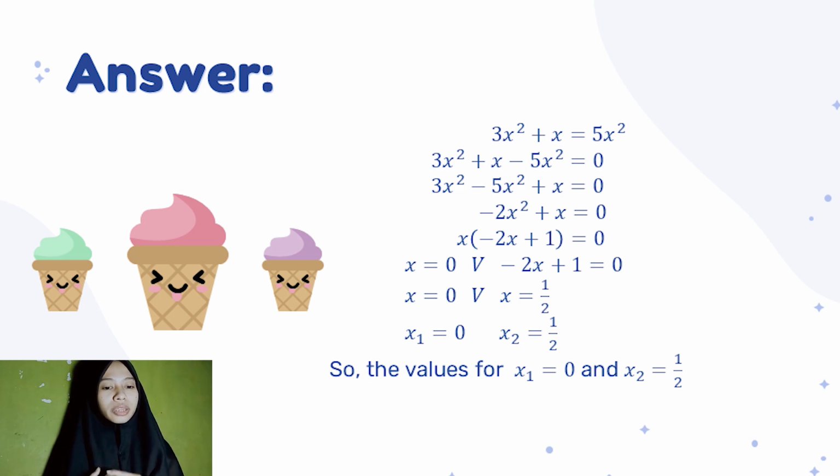So, the value for x1 is 0 and x2 equals 1/2. Thank you. Okay, thank you for the explanation from Nurhana.